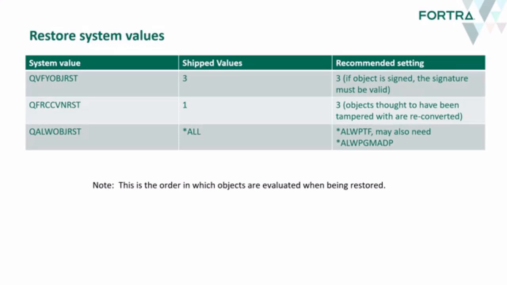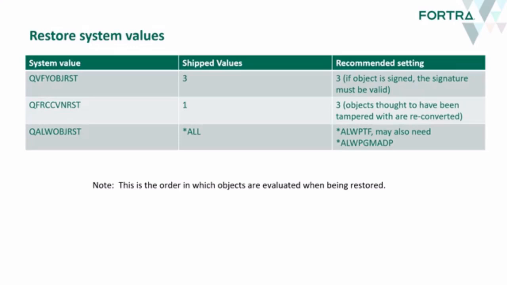When we get past that check, the next one is, does this object need to be reconverted? Has it been tampered with? When an object's compiled, there is a signature or a hash or some identifier that IBM can use so that when you're restoring that object to the system, it'll compare what's being restored to what was originally compiled.